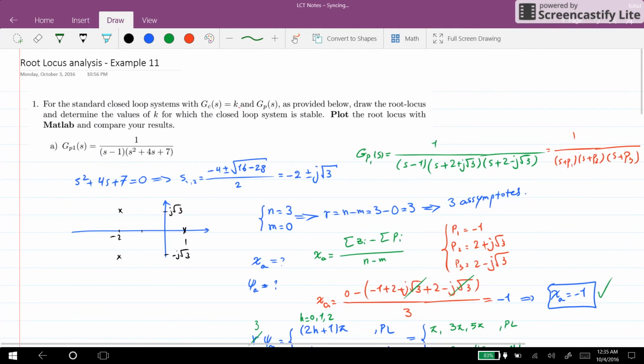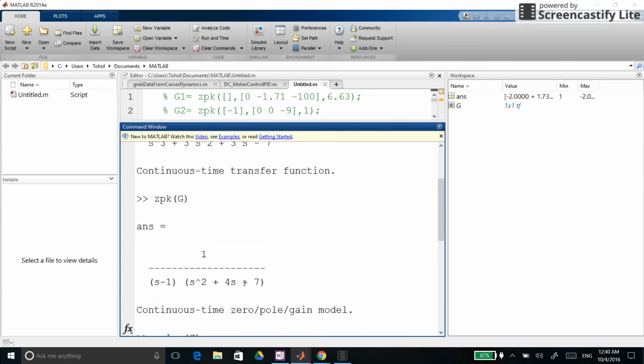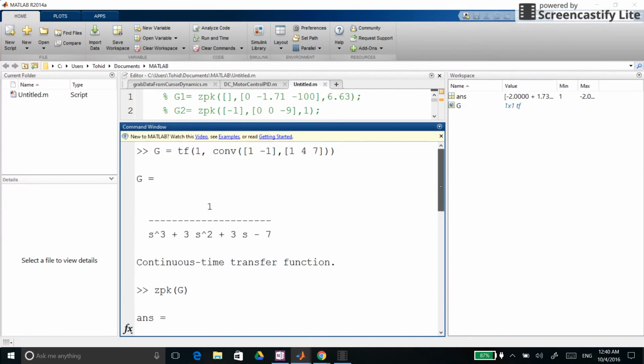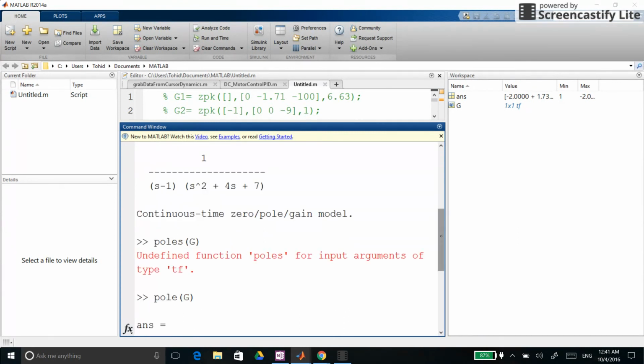We just need to plot the root locus using MATLAB and verify our results. So that's something that I can do right now. I already have declared the system here, our transfer function that we had with the poles at -1 and -2 plus minus j square root of 3.